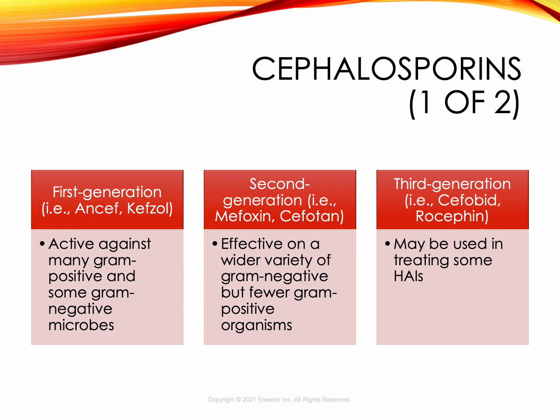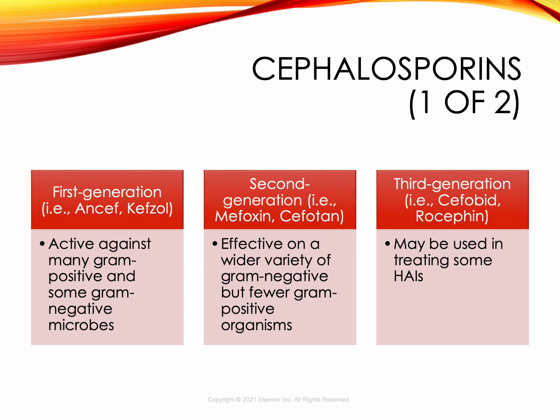The first generation of cephalosporins includes cefazolin, cephapirin, cephalexin, and cephalothin. And these antibiotics fight against gram-positive microbes as well as a few gram-negative ones.